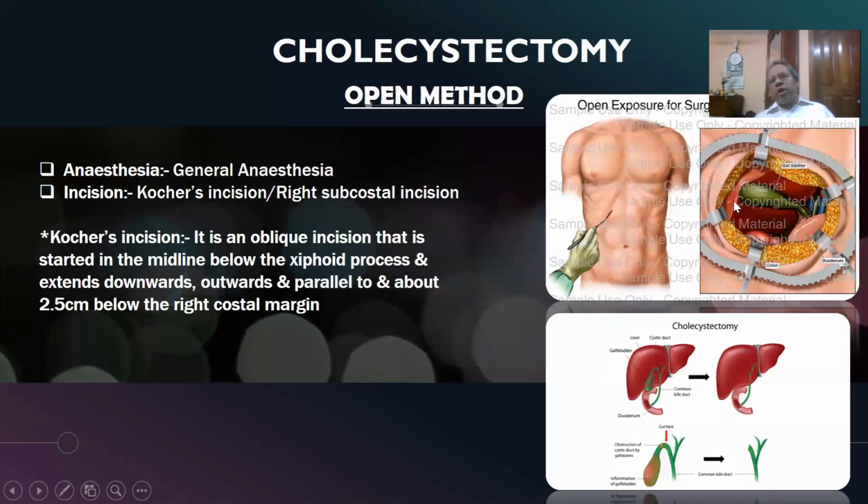So how can you remove the gallbladder? First, recapitulate your anatomical knowledge. The gallbladder is attached to the common bile duct and common hepatic duct through the cystic duct, so you need to disconnect it from there.